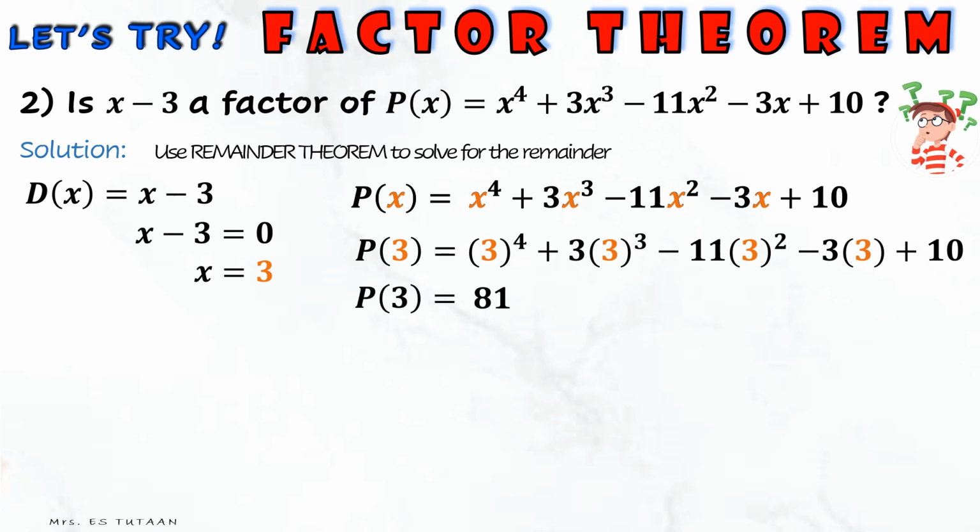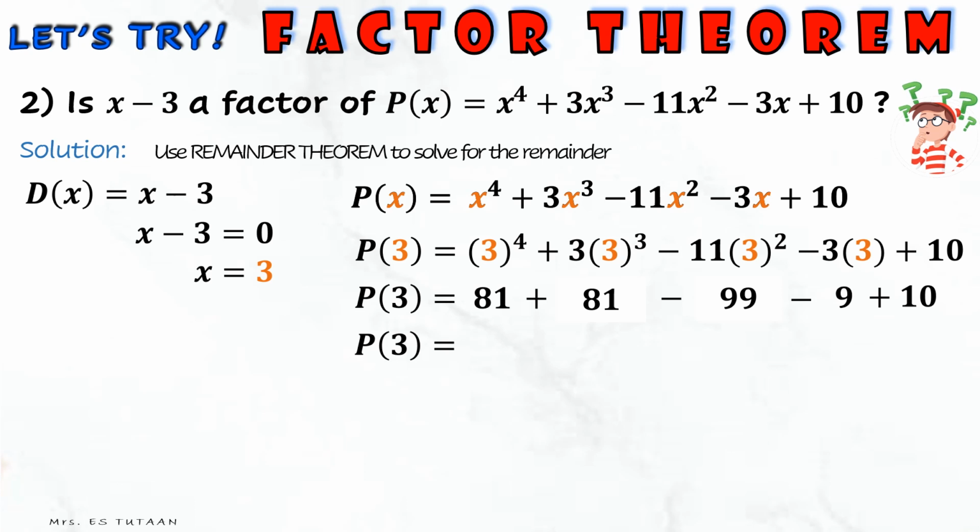That will give us 81 plus 3 times 27 minus 11 times 9 minus 9 plus 10. Then we simplify multiplication. So that becomes 81, and 11 times 9 becomes 99. Then we simplify now the right side of the equation.